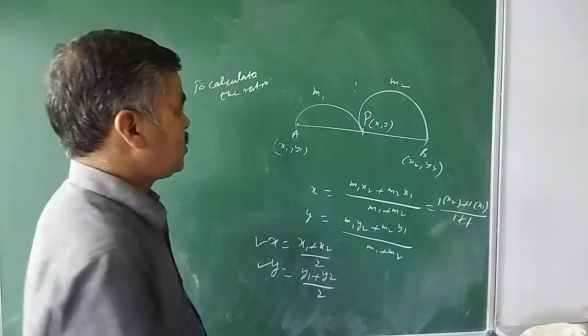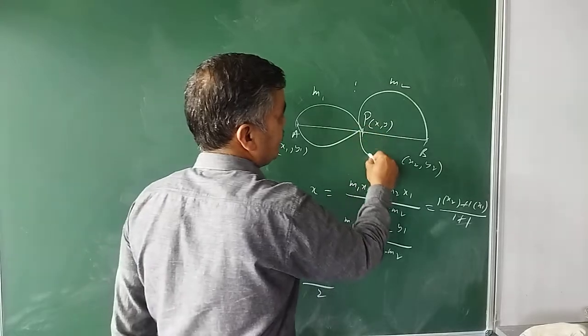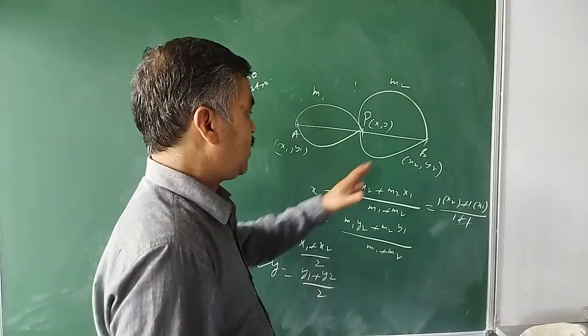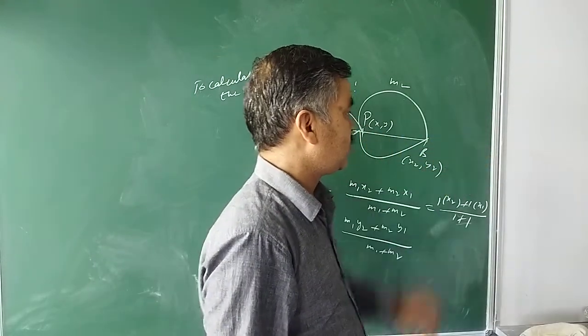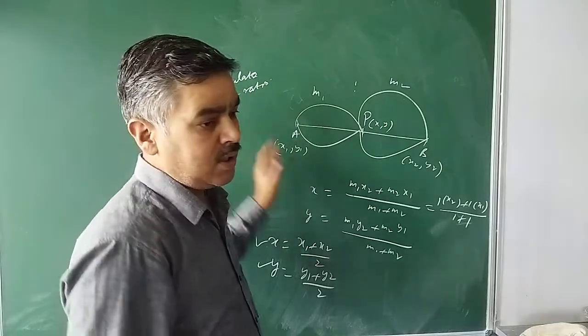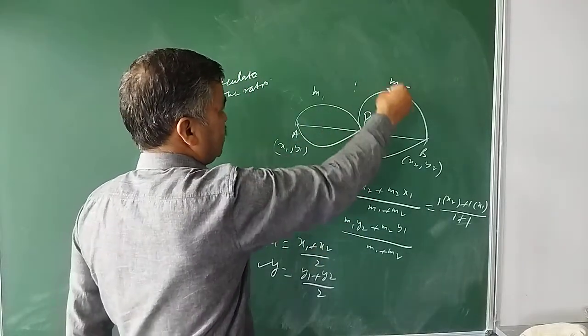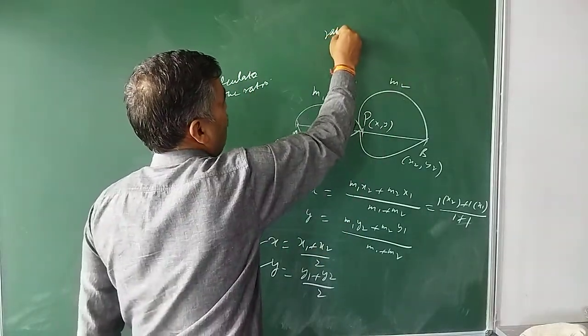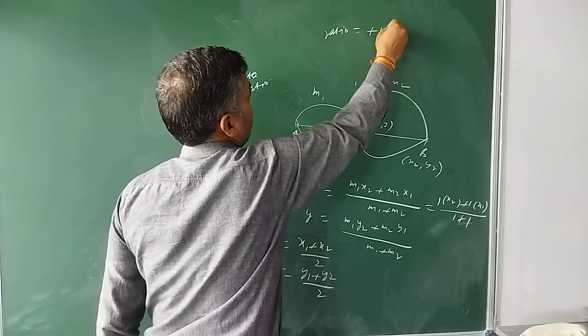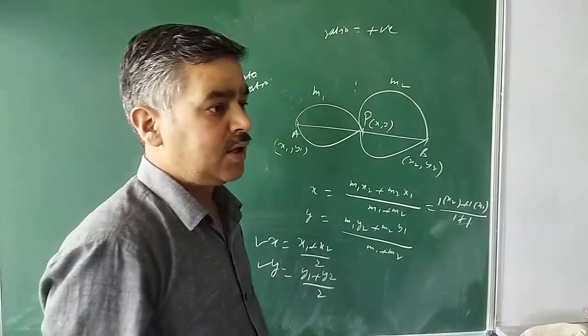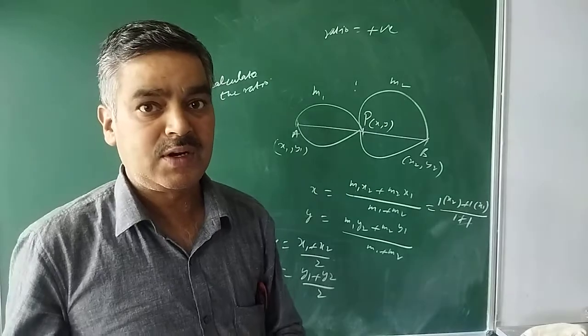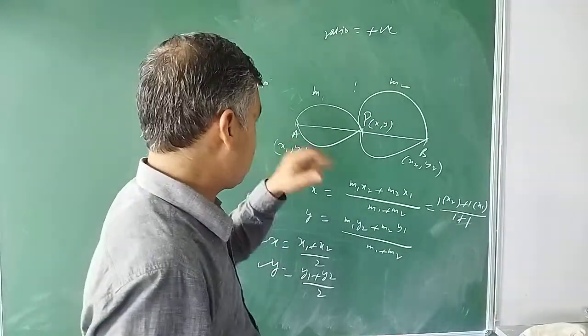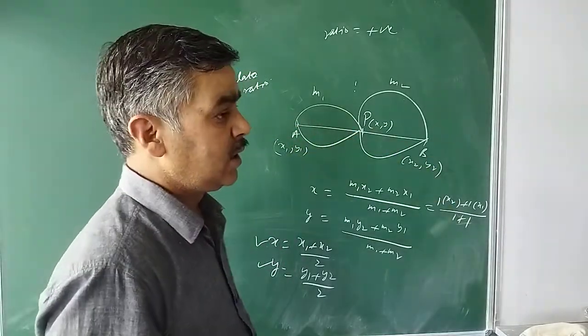In your syllabus, only the internal division is there, children. You need not extend this either to this side or to this side. Means your answer of ratio will always be positive. It is not going to be negative anywhere. Internal ratio is there in your syllabus, that is AP plus PB.